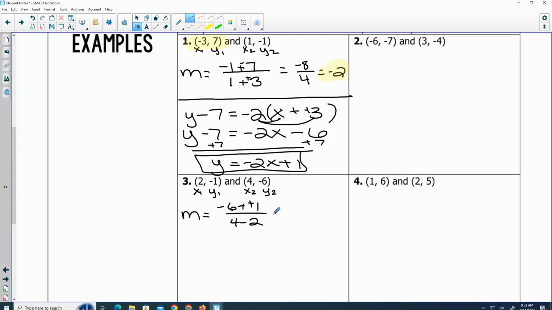Okay, so on top, negative 6 plus 1 is negative 5. On the bottom, 4 minus 2 is 2. Does that reduce at all? No. So that is my slope.